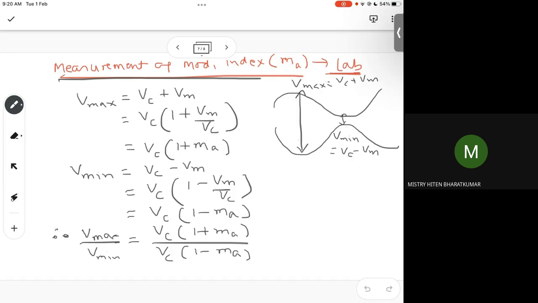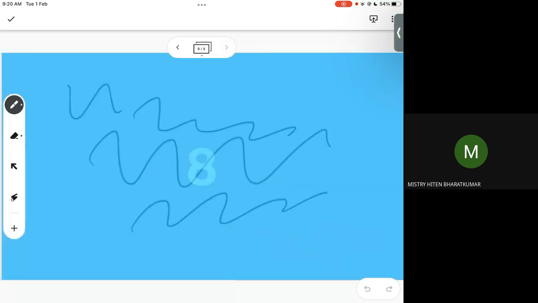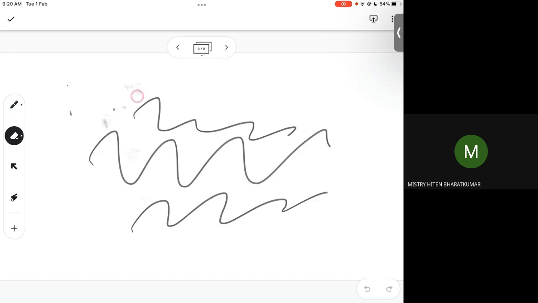The minimum will be given by this one. And for 100% modulation, V minimum is 0. If I take the ratio of V max over V minimum, it is given by this equation.